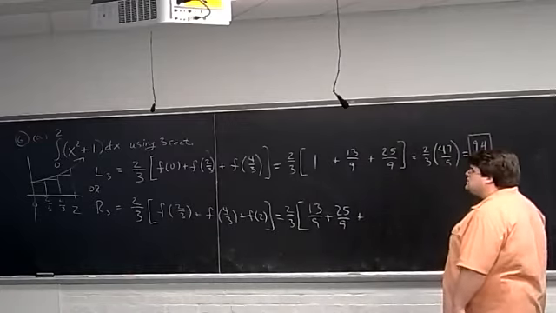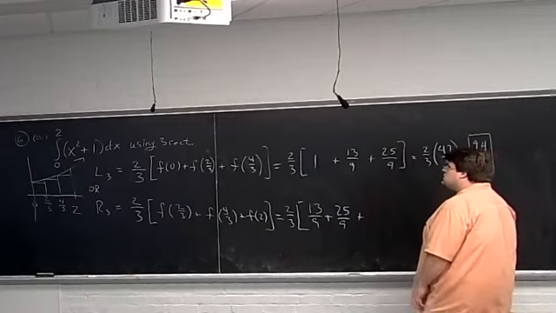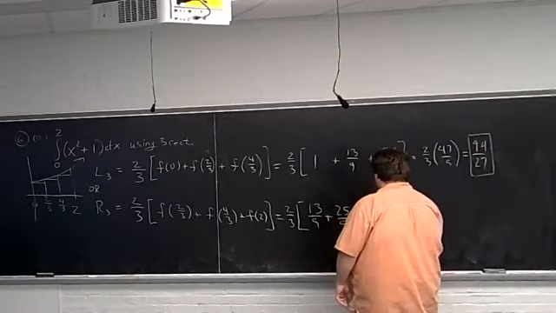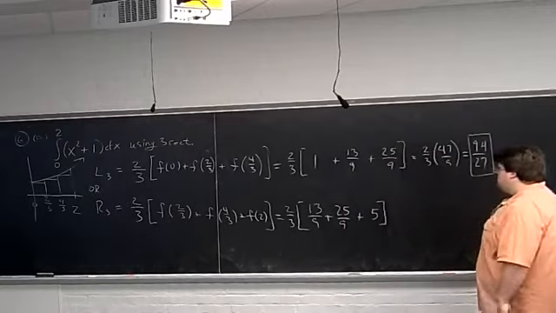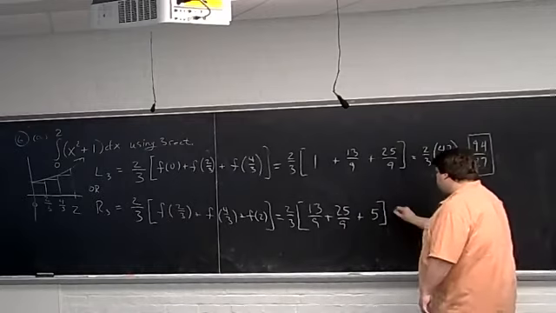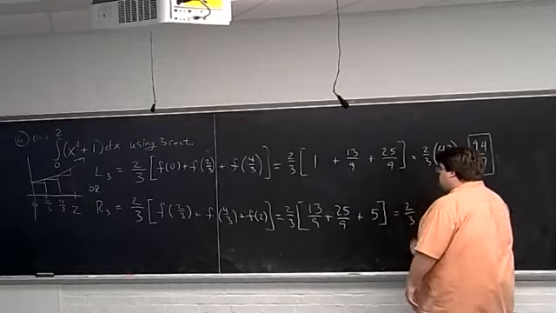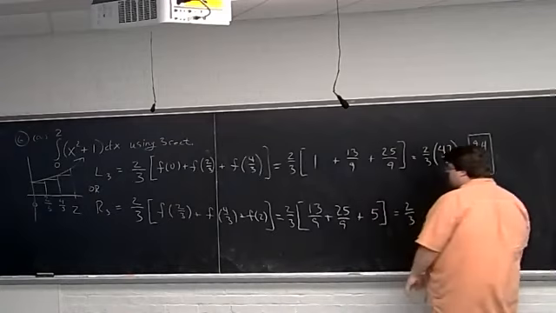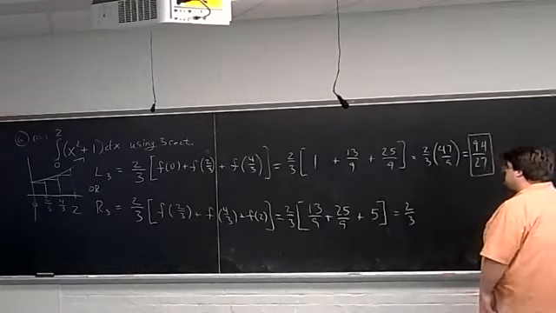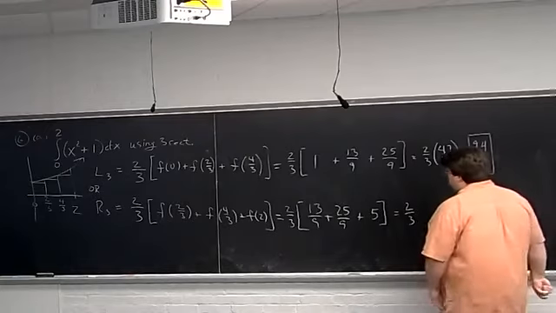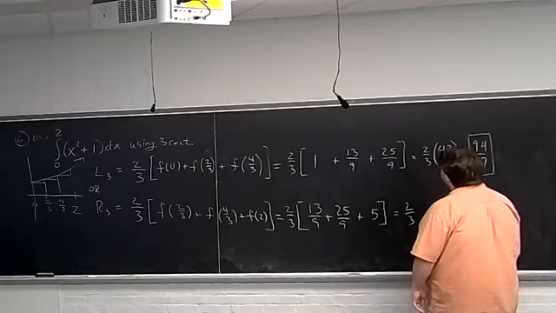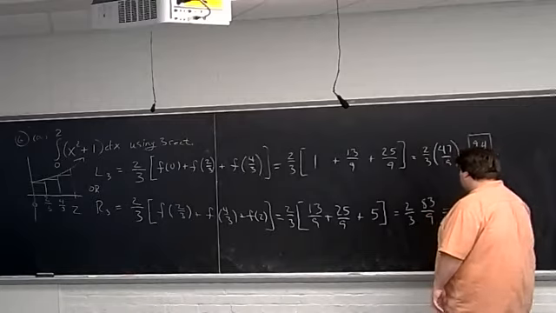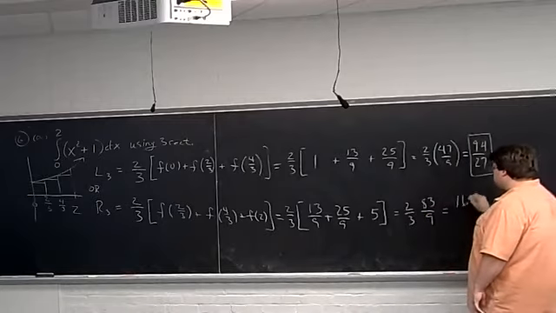What's f of 2? F of 2 is 2 squared plus 1, which is 5. And what do we get? 2/3. Well, again, we have 38/9, but now plus 5, 45/9. 38 plus 45 is what? 83. 2 times 83, 166.